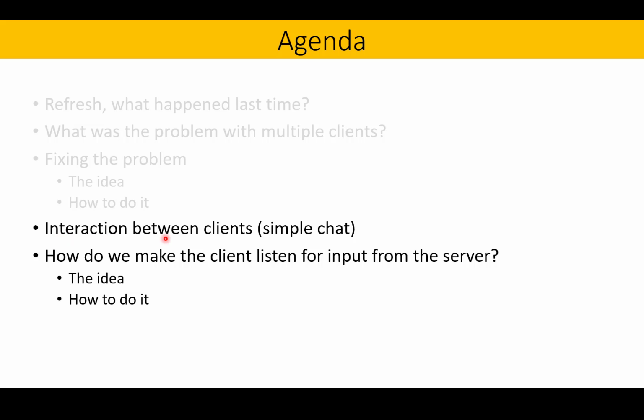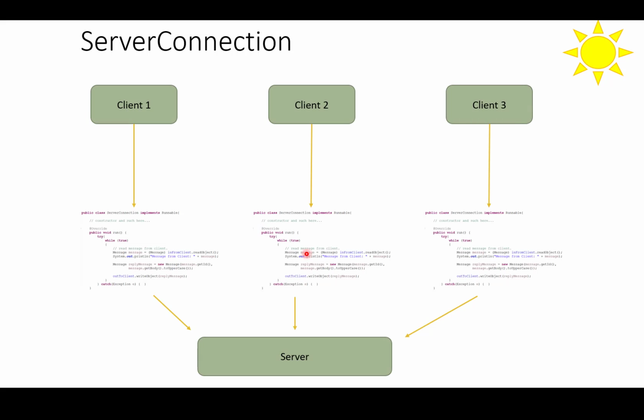The next step is the interaction between the clients, but first let's just recap what we did. It's a bit small, but this is the server socket handler. I call it that in my code. My slideshow calls it server connection, but the idea is the same. It gets the socket and we are reading and writing to and from the client.